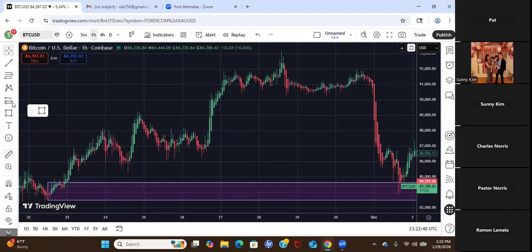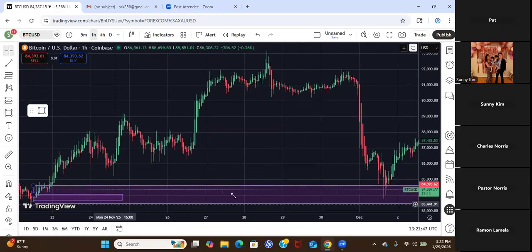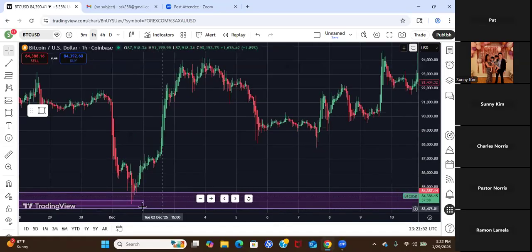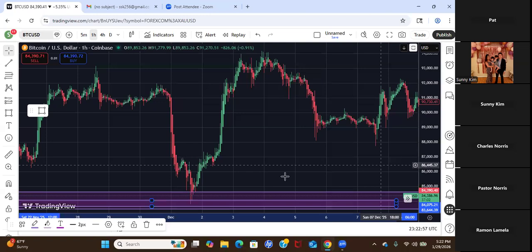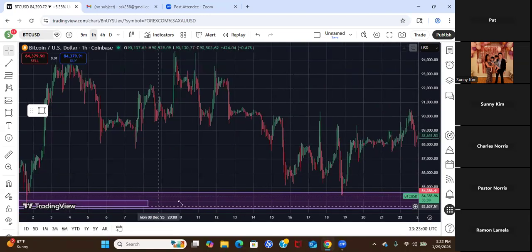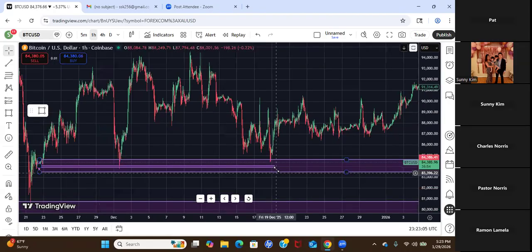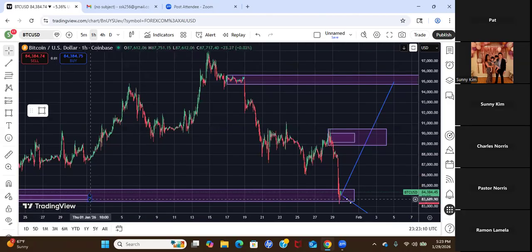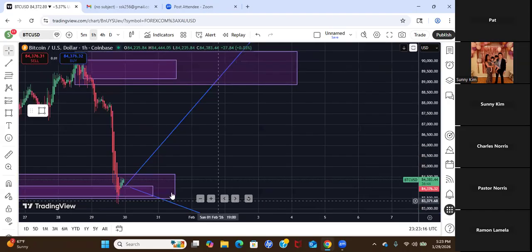There we go. That's where price reacted from. See that? 4 hour, 1 hour zone.